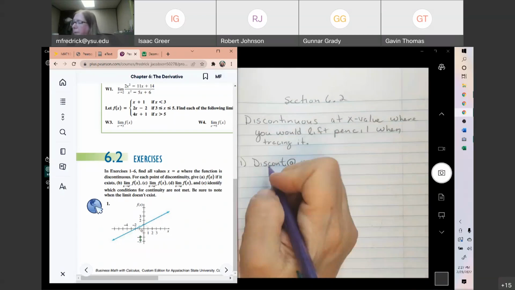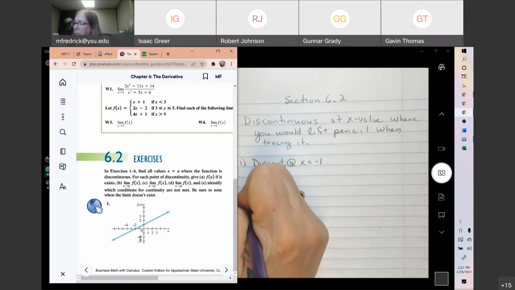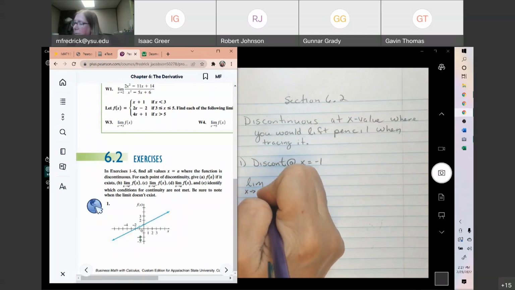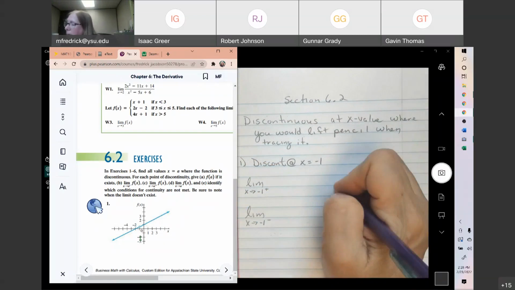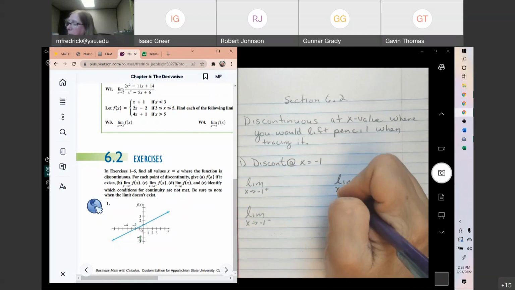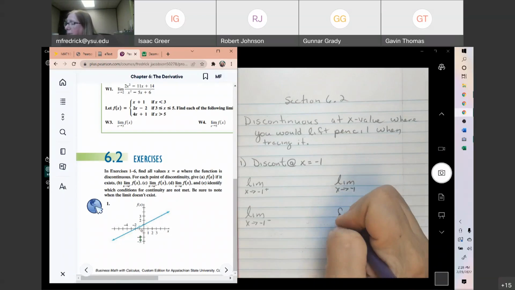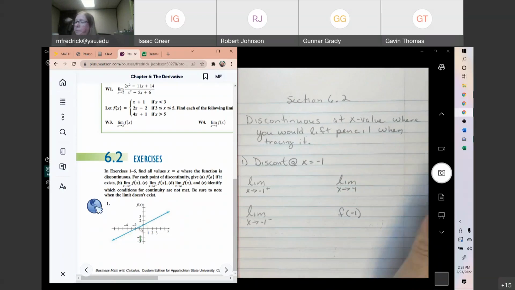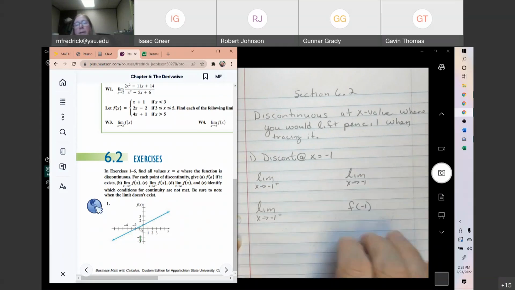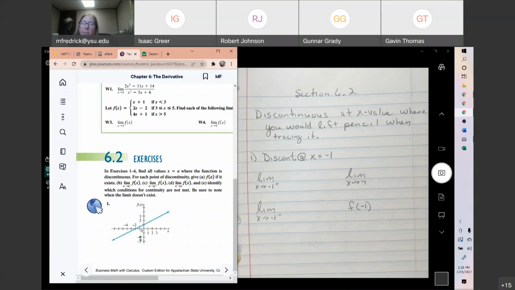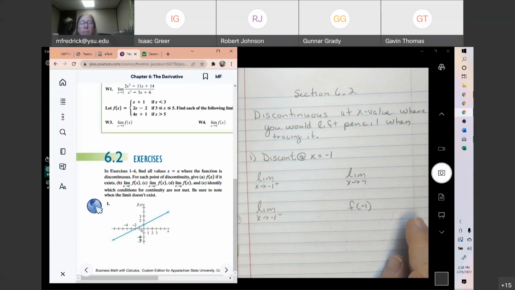So we want to find the limit as x approaches -1 from the right. The limit as x approaches -1 from the left. The limit as it approaches -1 and f of -1. Once we find these, then you'll see why it's not continuous.